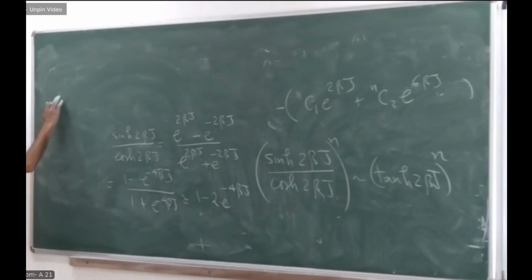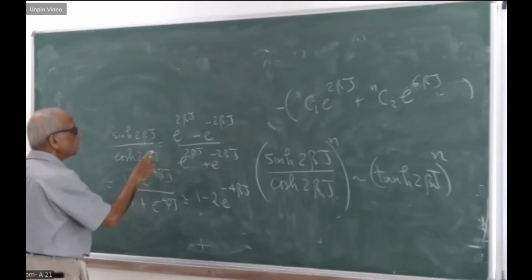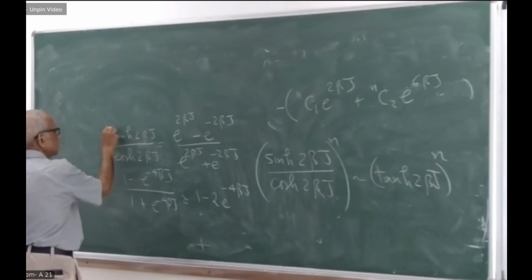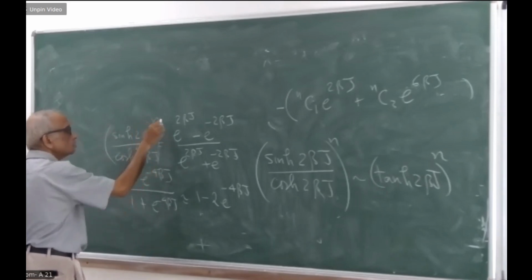Now what is the correlation length expected to be? So where is my n? There was the n over here.